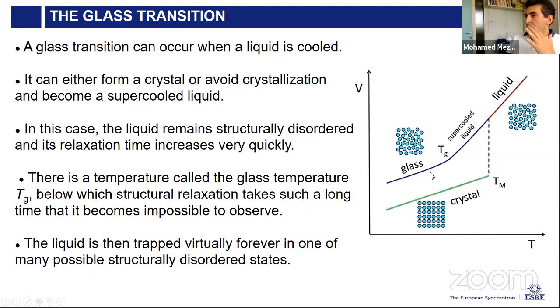In this case, the liquid remains structurally disordered, and the relaxation time, which is the time for a system to reach equilibrium, increases very quickly. There is a temperature called Tg, below which the structural relaxation takes such a long time that it becomes almost impossible to observe, and the liquid is then trapped virtually forever in one of the many possible structurally disordered states.